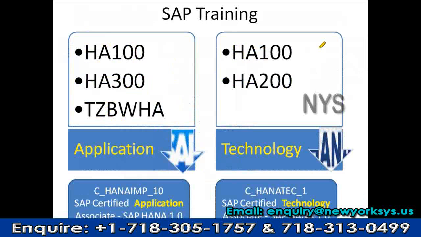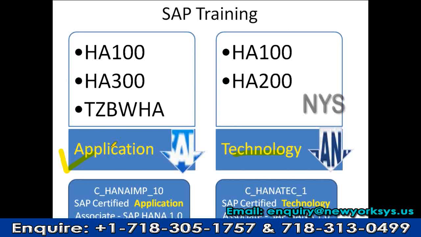Irrespective of the experience you have, SAP says HANA is broadly divided into two areas: application and technology. People with a good understanding of databases or data warehouses can fit under application. People familiar with database or data warehouse administration, more of a DBA kind of role, fit under technology.